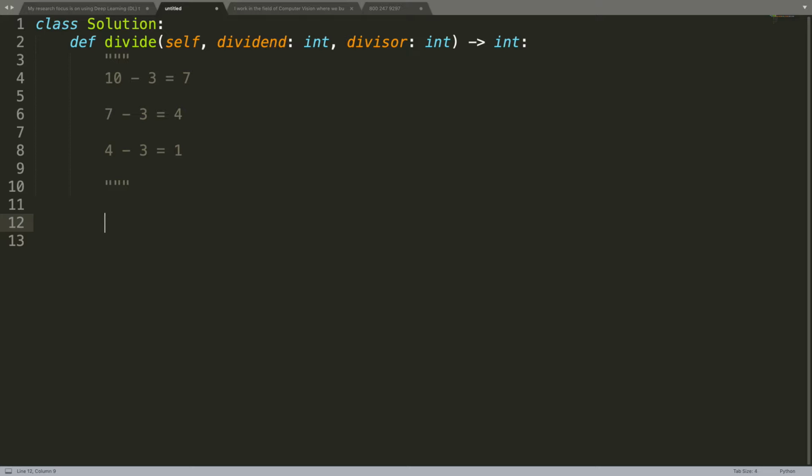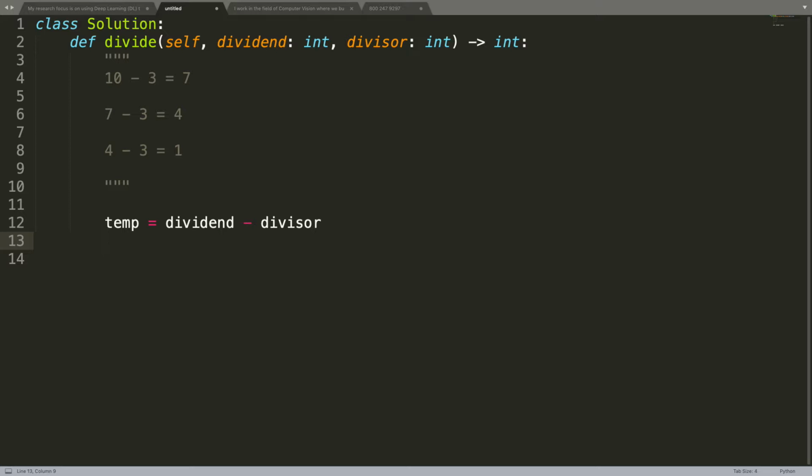I will need a temporary variable to say temp equals dividend minus divisor. Then I store that in temp.